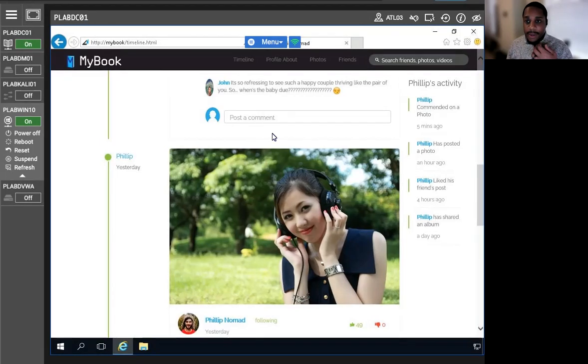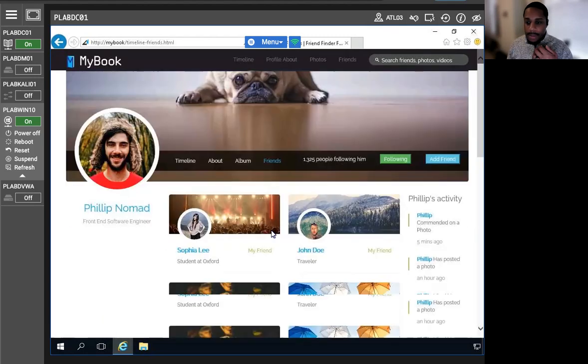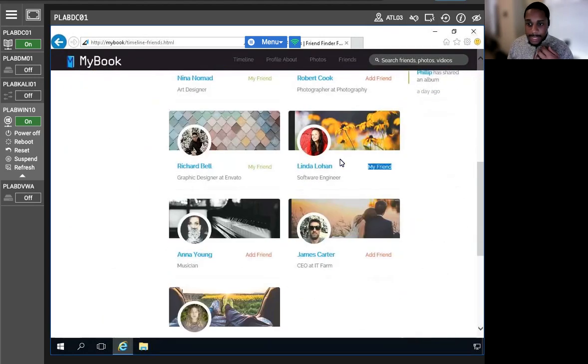We see Linda also, who is a software engineer, and she might work with Philip. Additionally, we see James, who's also a CEO in an IT firm, or at a company called IT Farm, sorry. He could have a working relationship that might be useful to learn more about in terms of the type of work that's performed and what access Philip could have at IT Farm, right?